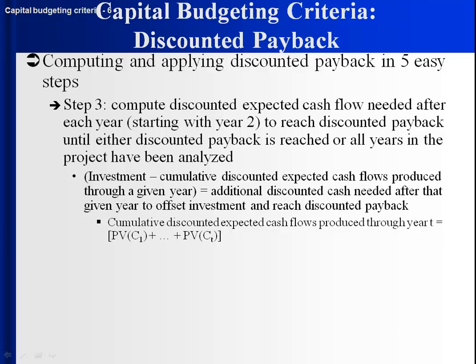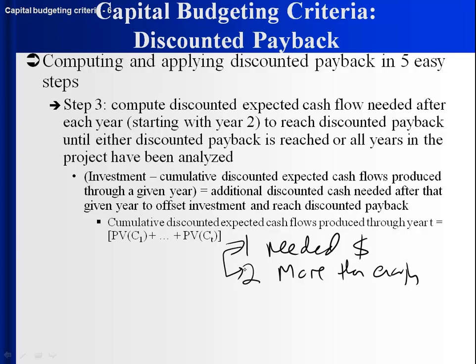If it turns out that after 2 years you have gotten back more in discounted cash flows than you needed, then after 1 year you needed money, after 2 years you had more than enough, then you know that discounted payback is somewhere between 1 and 2, and we'll talk about how to do that in a second. If after 2 years you still need money, then you would say, okay, well, what about 3 years, 4 years, and you keep doing it until you either find when you had payback or that you're never going to get payback.